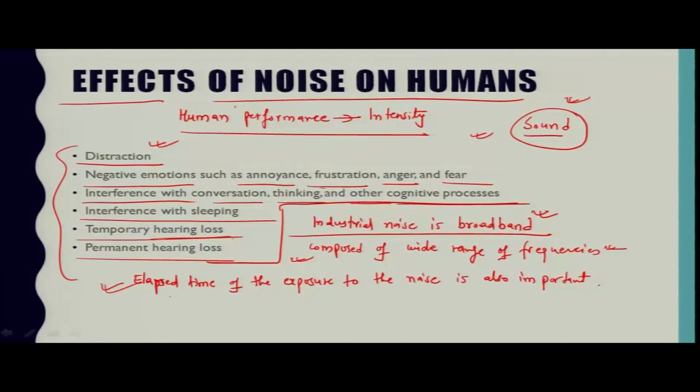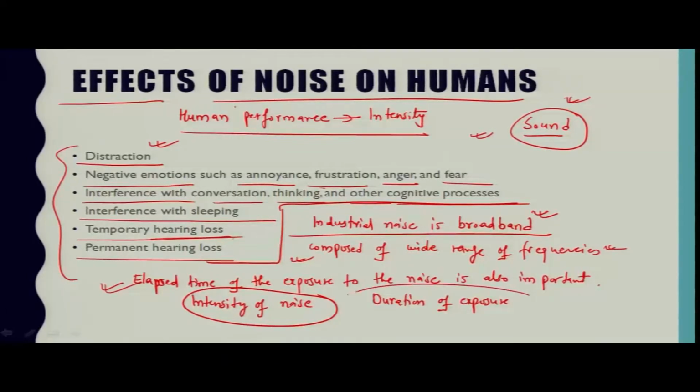Thus we have two factors of primary concern in assessing the effect of noise on the human worker. The first is the intensity of noise, and the second is the duration of exposure to the noise source. Both intensity and duration of exposure can be measured with equipment that has been developed.